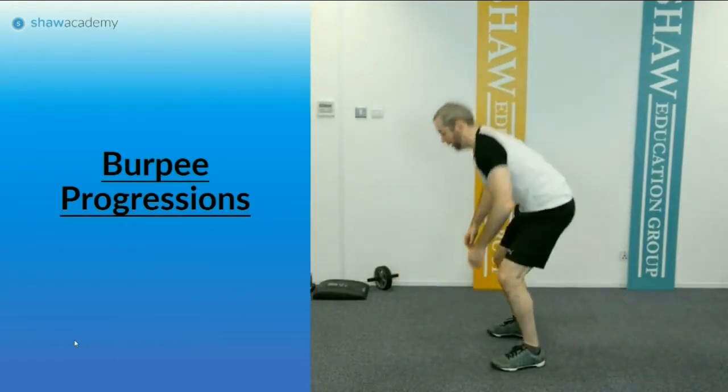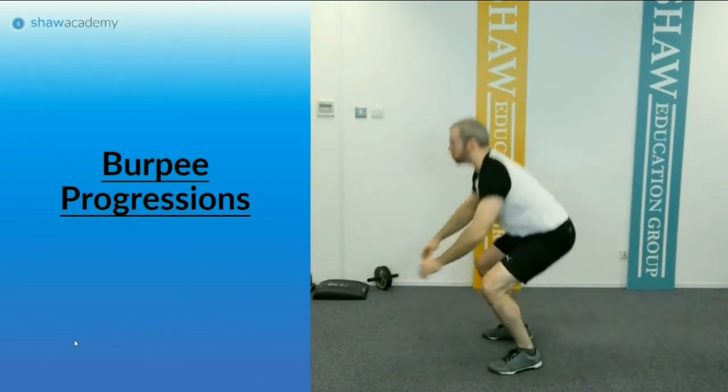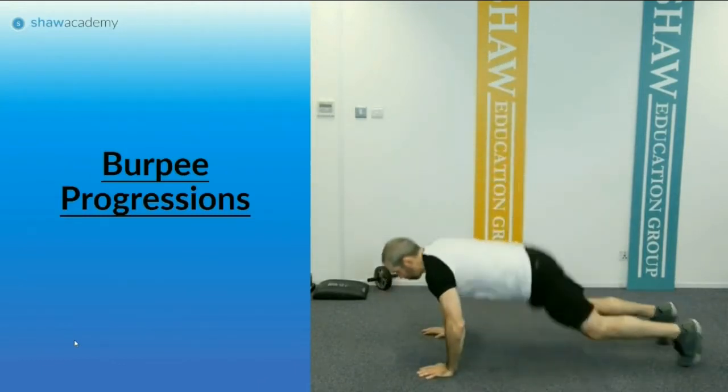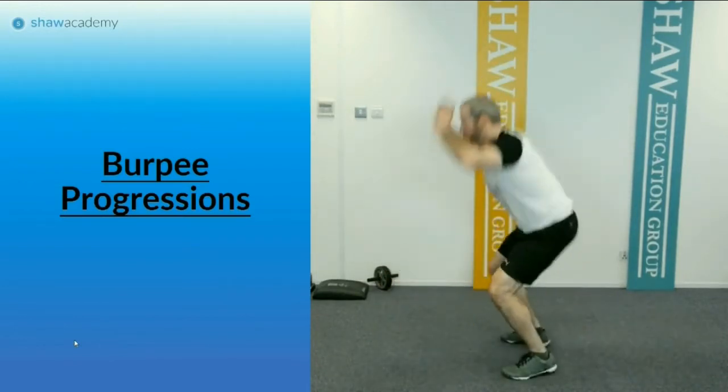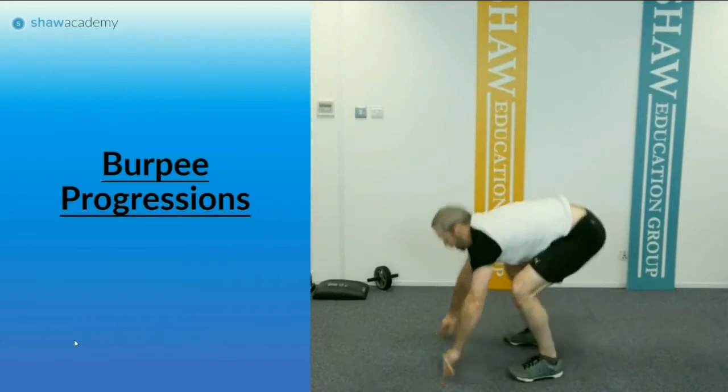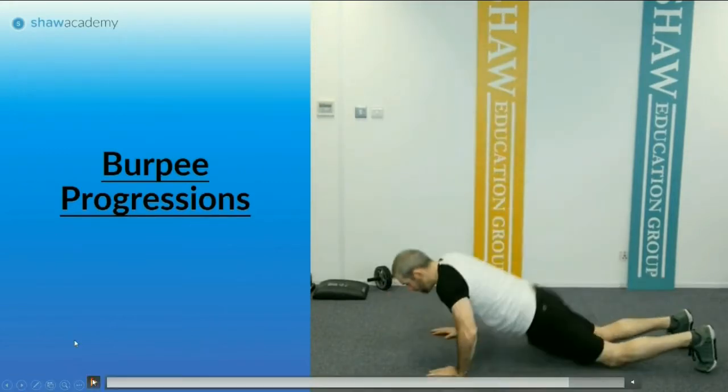So really, guys, you have a load of variations to use for the burpee or for any intense exercise like a squat jump or a double under. We want to be using these in the 30 seconds because we really want to drive the heart rate up.